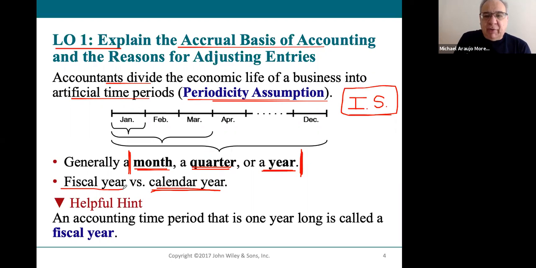But for example, if I were Walmart or Target, or a department store that's very, very busy around Christmas time, then I probably would want to be sure that I'm reporting out to my stockholders the profit and loss for the year after my busiest season is done.